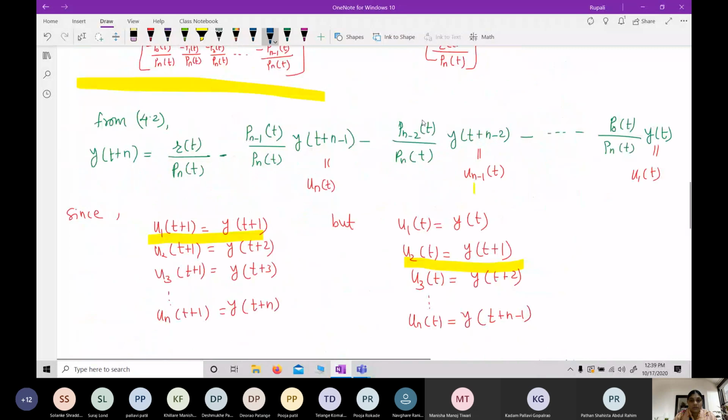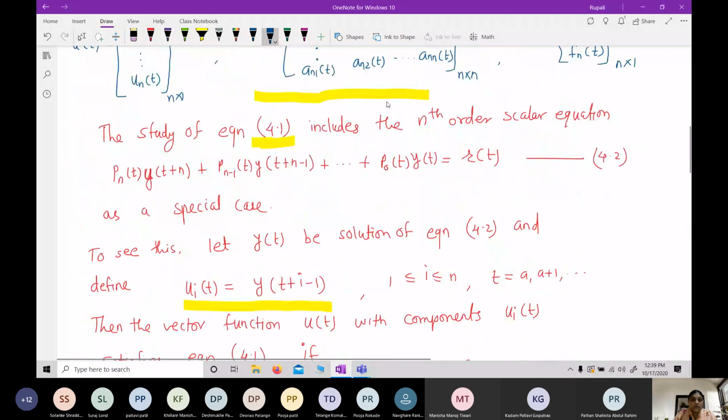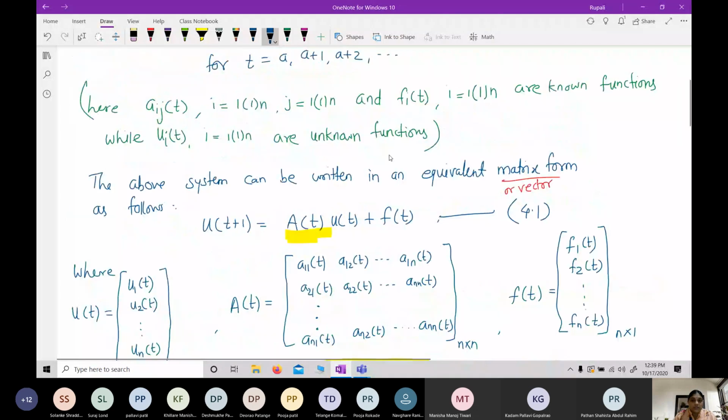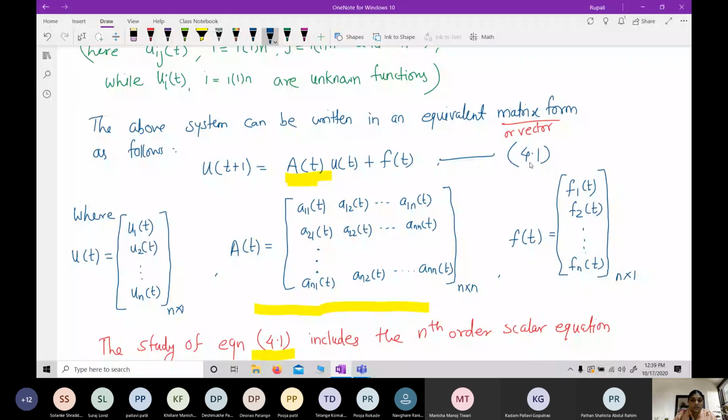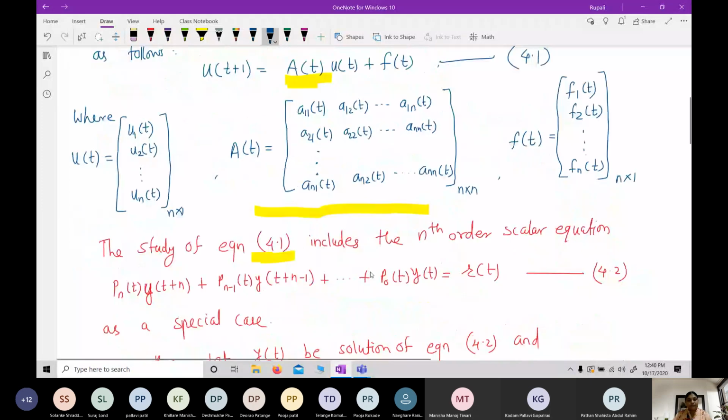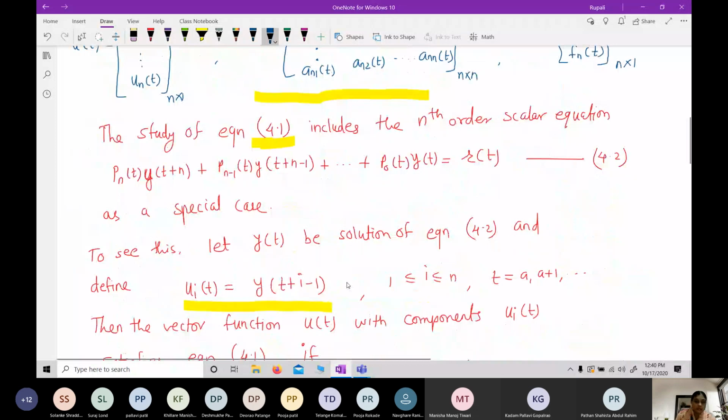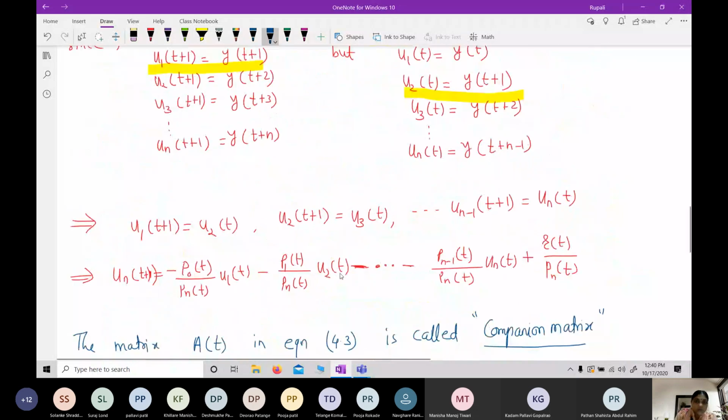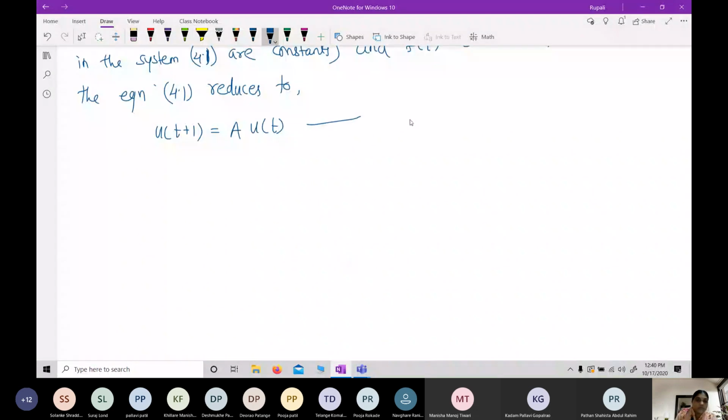Can you see this? This is my 4.1. A of t is just with constant entries and f of t is 0. So this 4.1 will reduce to u at t plus 1 is equal to A, just a matrix of constants, into ut. I will give this as 4.4. Many times we have to consider this one only.